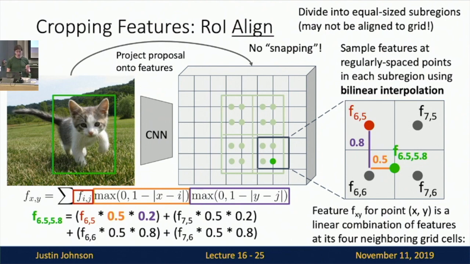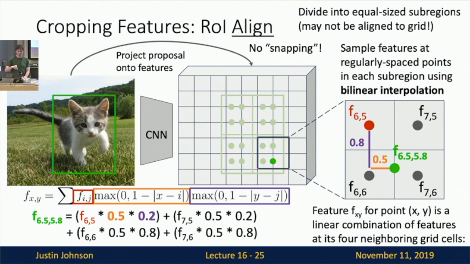The way that we compute the linear weights on these 4 nearest neighbor feature vectors depends on the x and y distances between the point at which we want to sample and the actual positions in the grid. So the weight for the feature vector at integer grid cell 6, 5: the x weight is going to be 0.5 because the position at which we want to sample is exactly in between 2 integer grid cells.